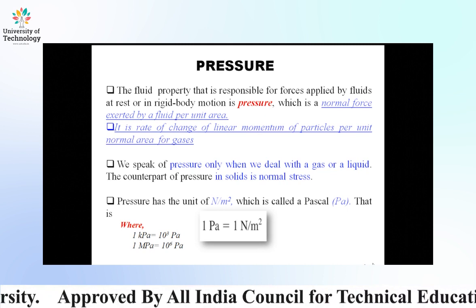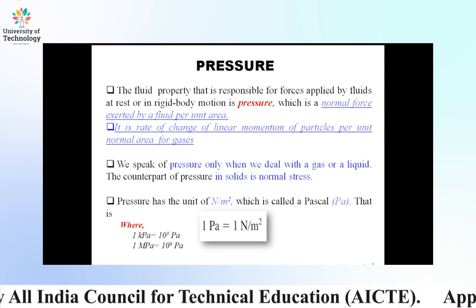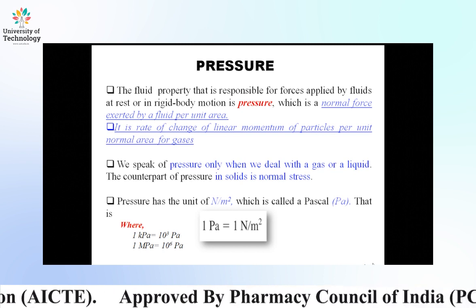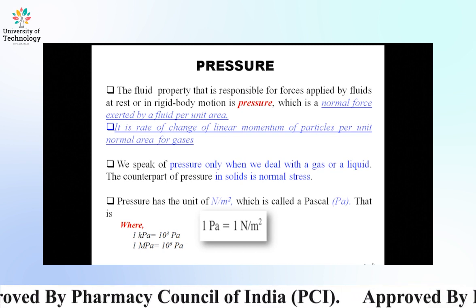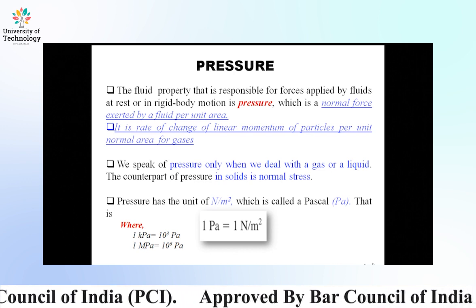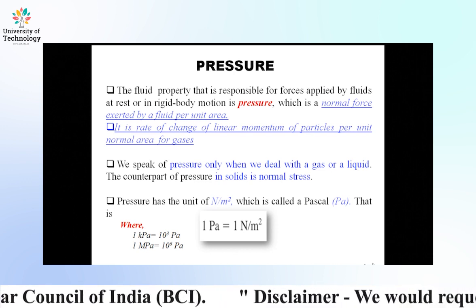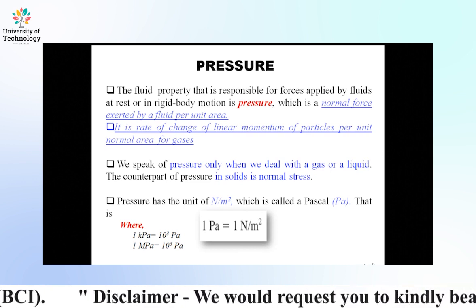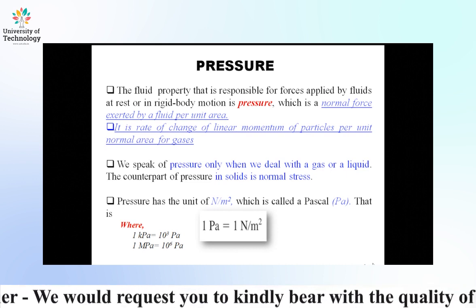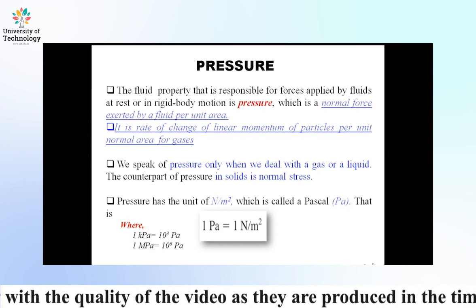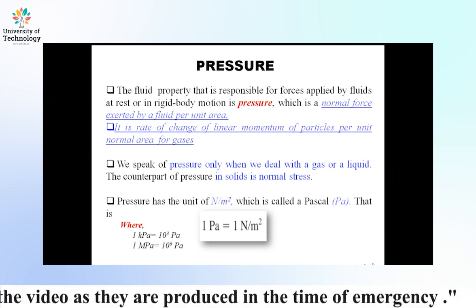Pressure. The fluid property that is responsible for forces applied by fluid at rest or in rigid body motion is pressure. Generally, pressure is normal force exerted by a fluid per unit area, or we can say that force applied per unit normal area.